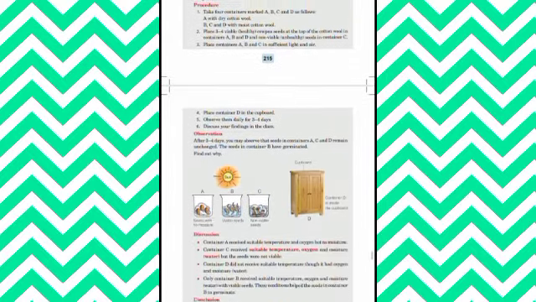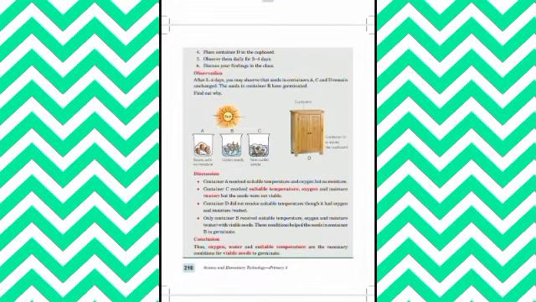Number 2, we have to place 3 up to 4 viable or healthy cowpea seeds on top of the cotton wool in containers A, B, and D, and non-viable or unhealthy seeds in container C. Number 3, place containers A, B, and C in sufficient light and air.